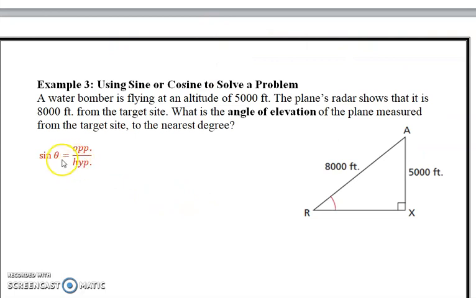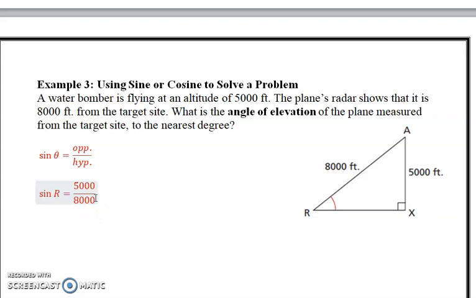So now what we can do is we can add in our variables and solve for the angle R. So we know we're looking for R, so we're going to replace theta with R. The opposite side is the opposite side of angle R, which is 5,000. The hypotenuse is opposite of angle X, or the right angle, and that's 8,000.